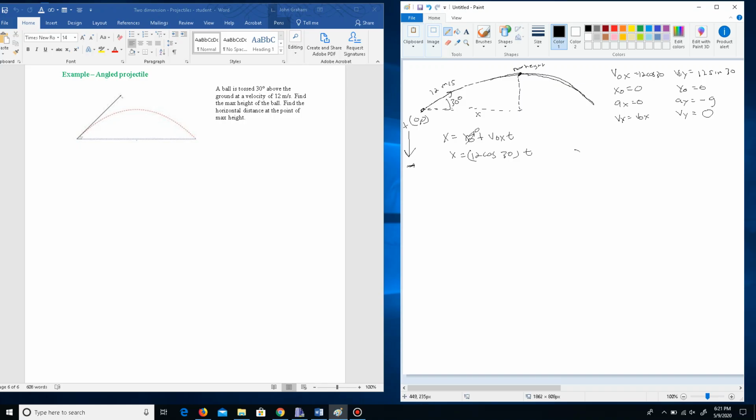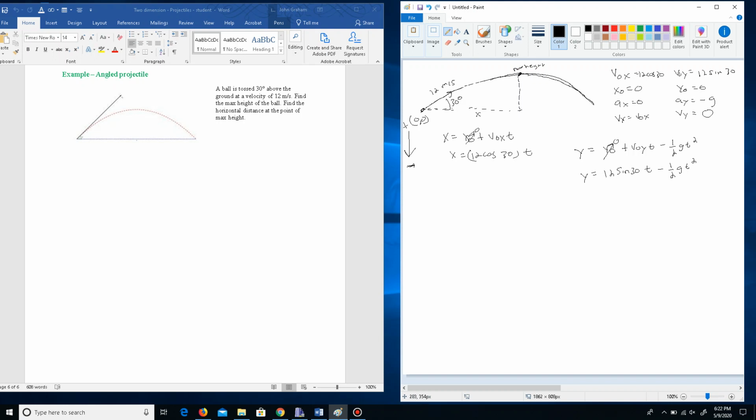So let's go to the y equation: y equals y sub 0 plus v sub 0y times time minus 1/2 gt squared. y sub 0 is 0. v sub 0y is going to be 12 sine 30 times time minus 1/2 gt squared. And then this y we don't know. So again, we don't know the time, we don't know the y.